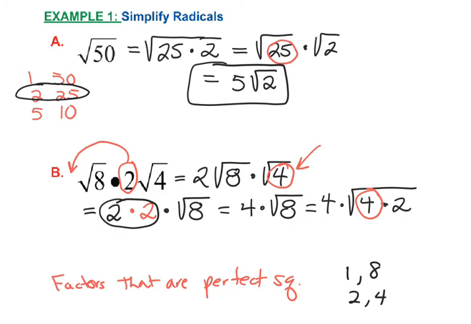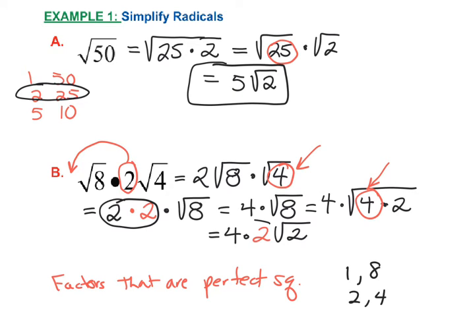This right here is a perfect square. The square root of 4 is 2. So that 2 comes from the square root of 4. And on the inside, we still have the square root of 2 because it isn't a perfect square.